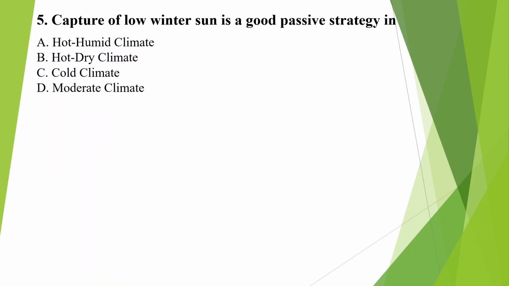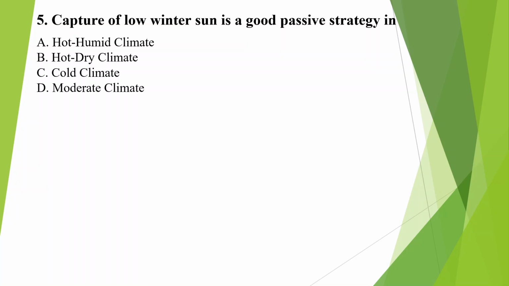So let's move to the fifth question. Here is the fifth question for you all. Capture of low winter sun is a good passive strategy in... So where you will be willing to capture low winter sun? It's a very basic question.